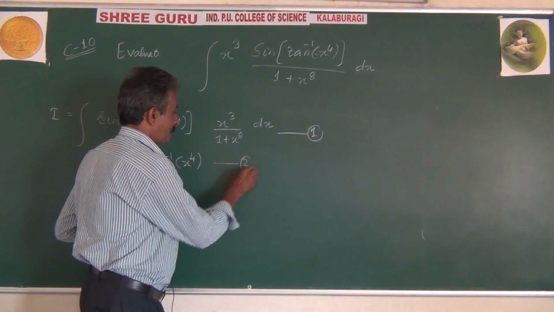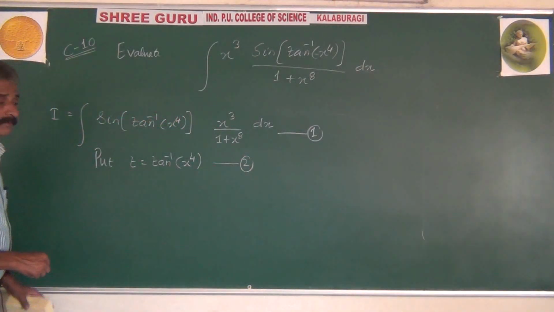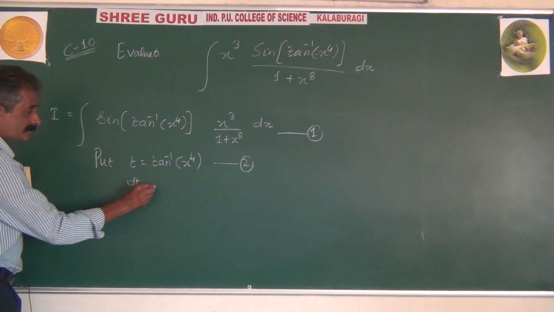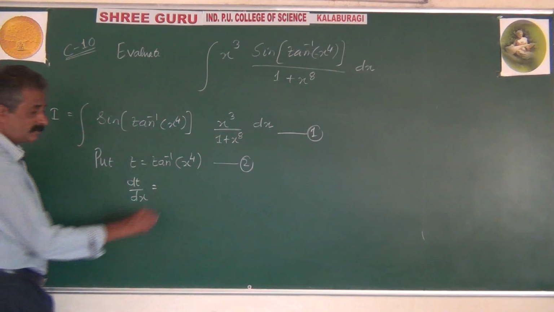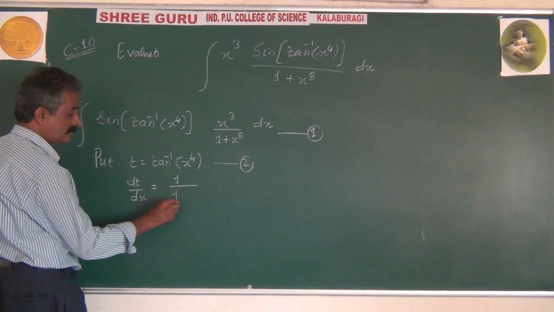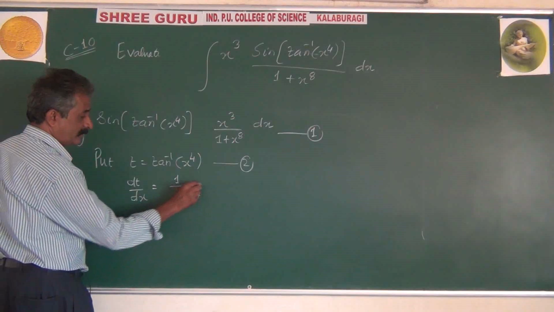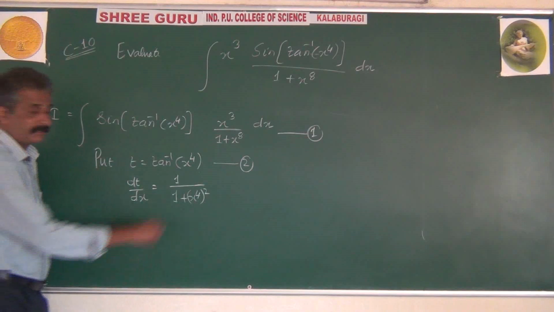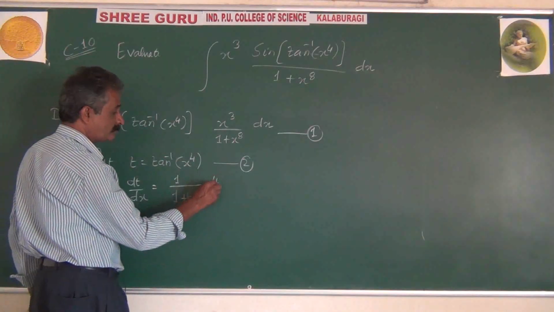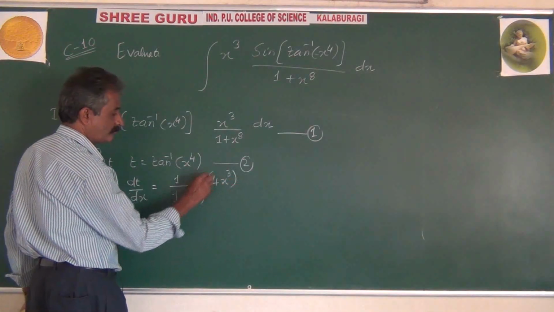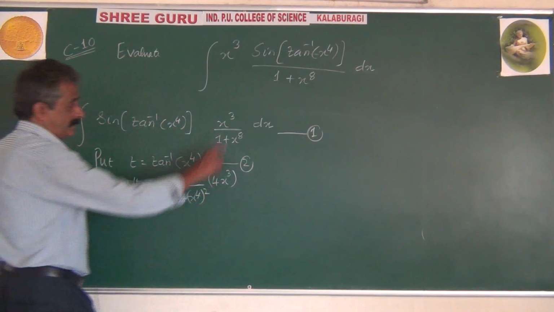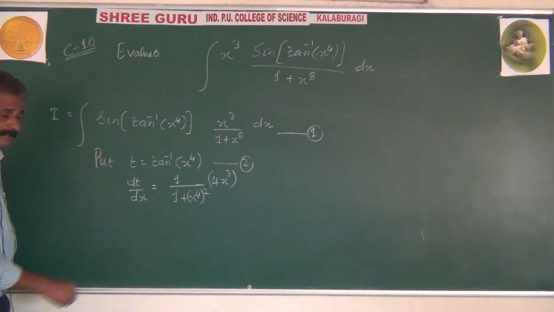Compulsorily differentiate. Next step, on differentiating, dt by dx equal to differentiation of tan inverse function, which is 1 by 1 plus function square, means 1 by 1 plus x power 4 whole square, into differentiation of x power 4, which is 4x cube. But our problem is having x cube only, so 4 shifted to the other side.